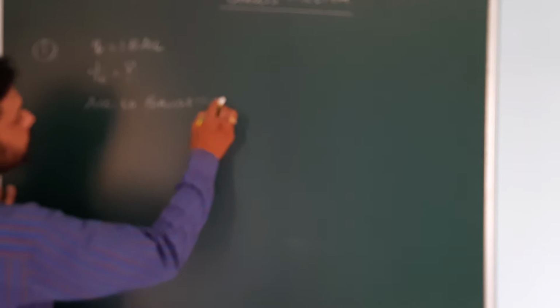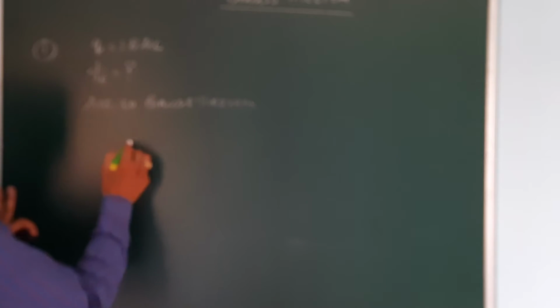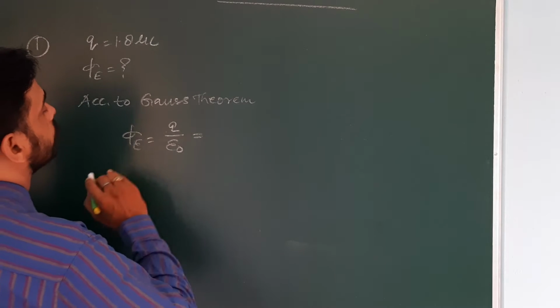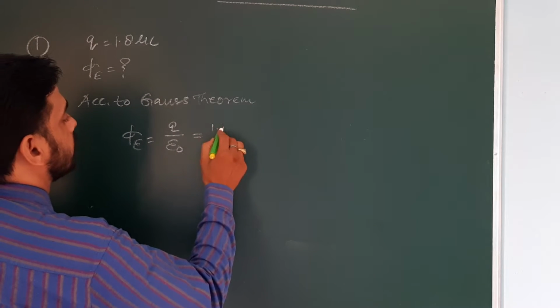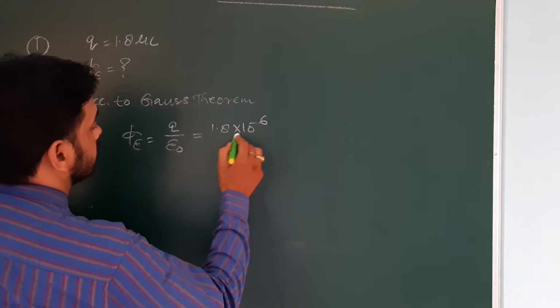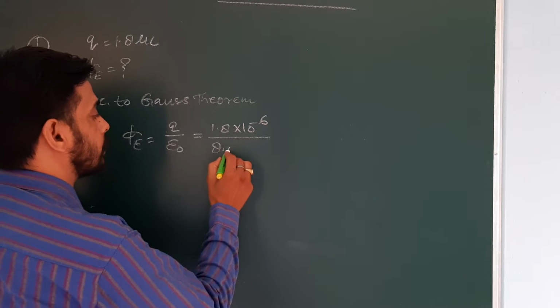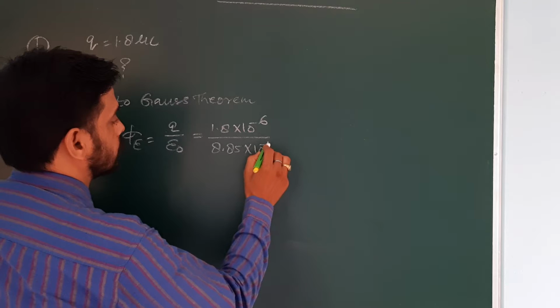According to Gauss theorem, you know that phi E is equal to Q by epsilon naught. We have to find the net electric flux, so put the value of charge, 1.8 micro, so it will be 10 power minus 6, divided by epsilon naught, which all of you know is 8.85 into 10 power minus 12.